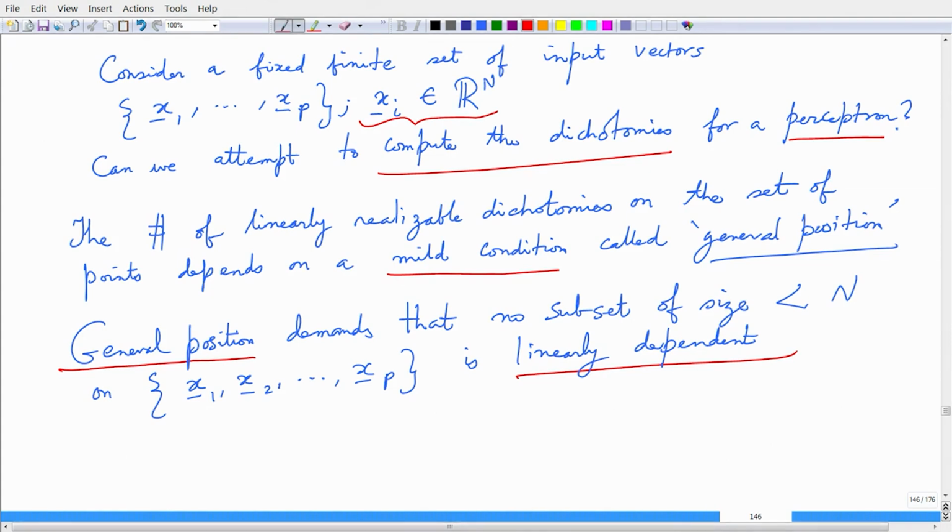So, general position demands that no subset of size less than n on these vectors is linearly dependent, and this is the notion of linear independence and dependence from the linear algebraic context. Okay.